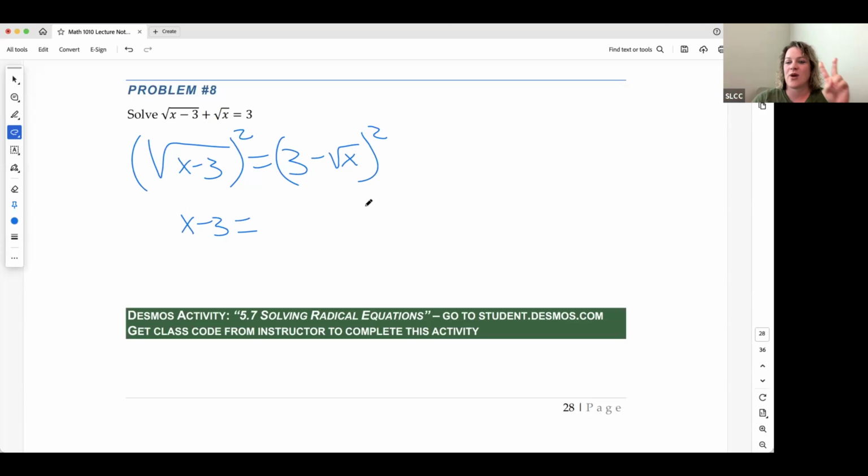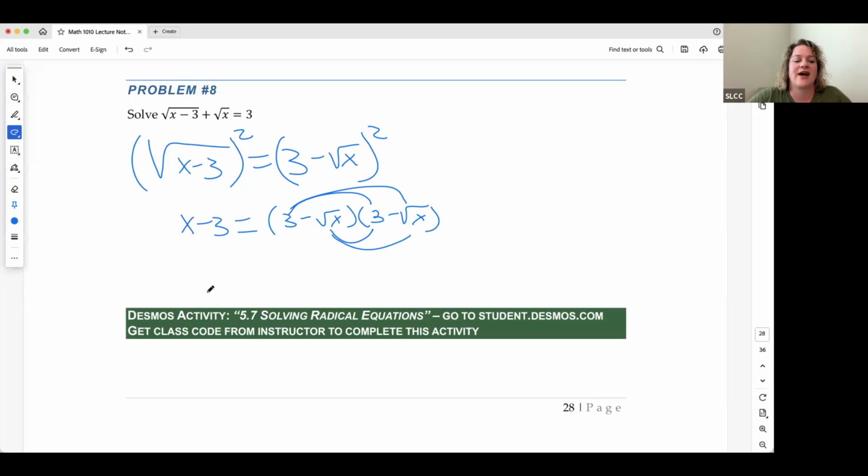Don't forget, if you have a binomial, you have to distribute 3 minus root x times 3 minus root x. Distribute. Don't leave out those middle terms. This is 3 times 3 plus 3 times negative root x plus 3 times negative root x plus negative root x times negative root x.